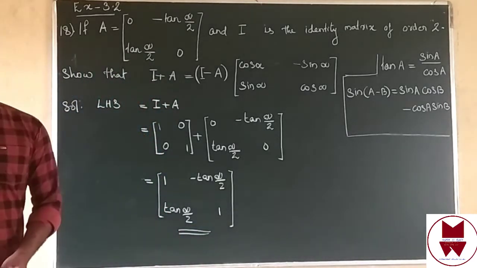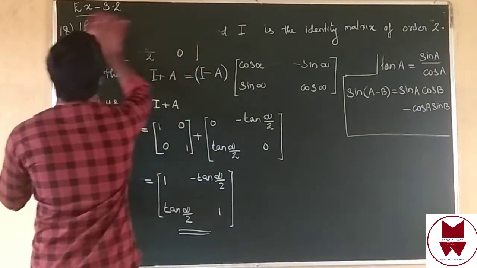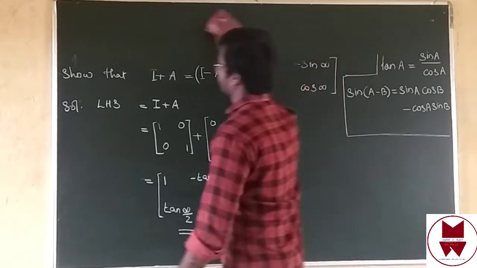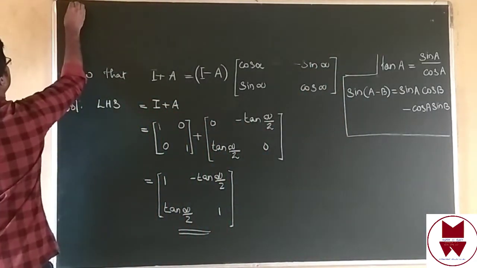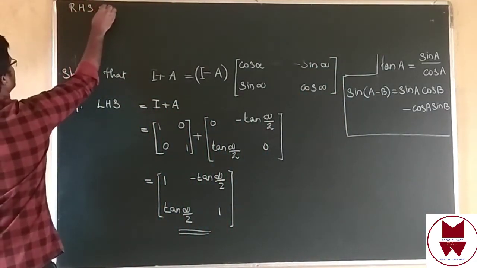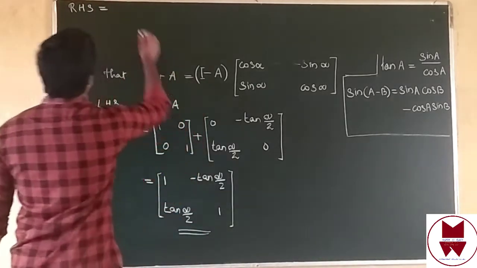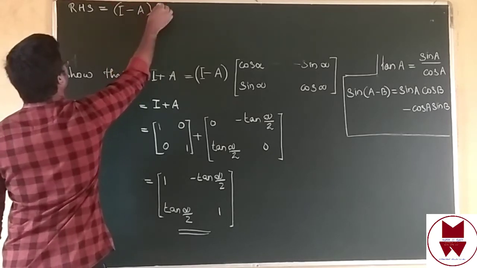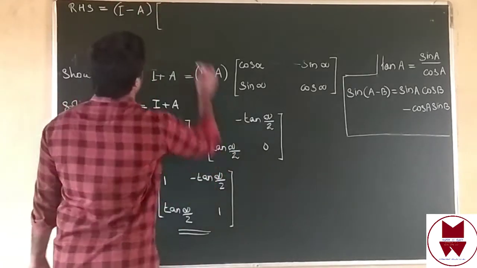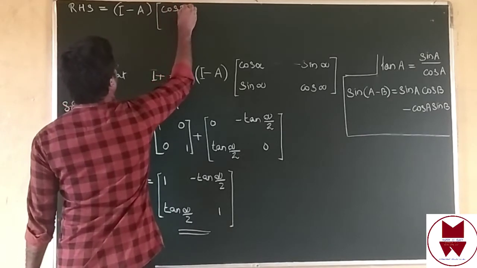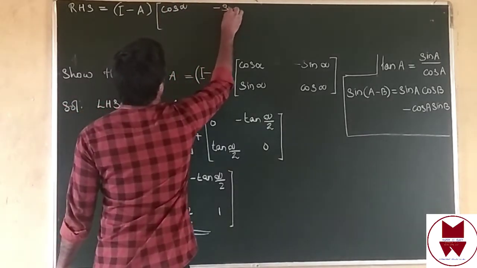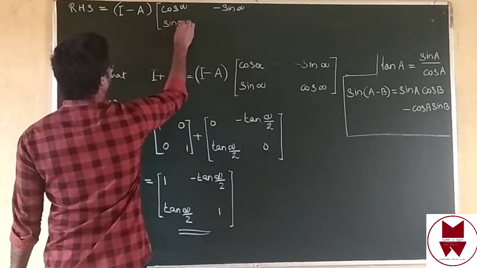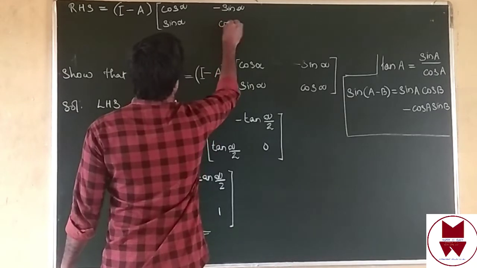Now we can see the RHS. What is the RHS in the question? This one: I minus A into the matrix [cos alpha, minus sin alpha; sin alpha, cos alpha].